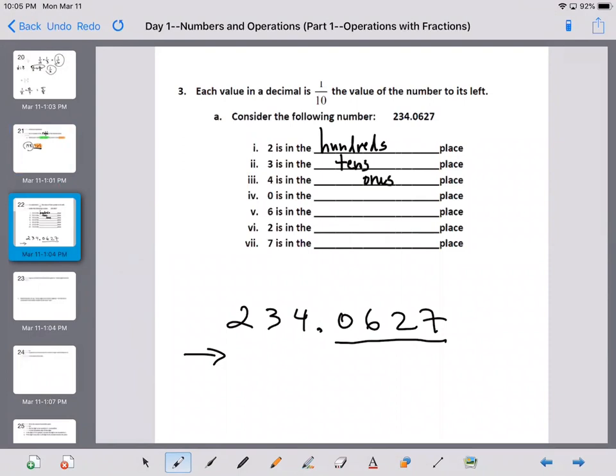Now 0 is your tenths, 6, not hundreds, but hundredths, 2 is thousandths, and 7 is in the 10,000ths place. So we would read this as 627 10,000ths.